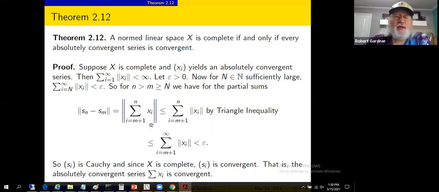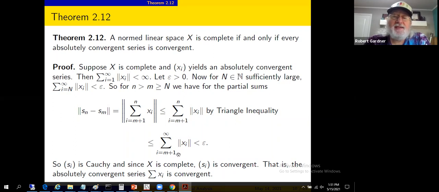We're taking norms, so we've got a norm on that. It's a finite sum. Triangle inequality applies to finite sums. So we can say less than or equal to the sum of the norms. If we sum from i equals m plus 1 to n these norms, that's certainly less than or equal to the sum from i equals m plus 1 to infinity of the norms.